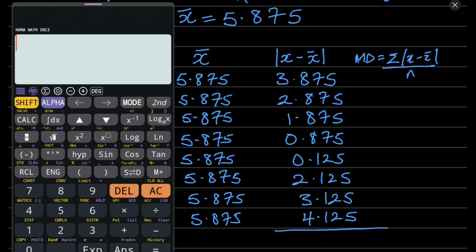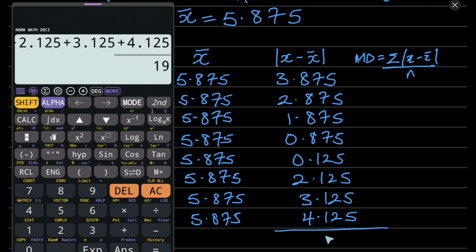For the sum, just use your calculator again. 3.875 plus 2.875 plus 1.875 plus 0.875 plus 0.125 plus 2.125 plus 3.125 plus 4.125.